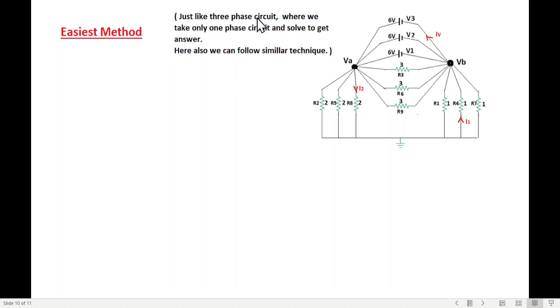Just like in a 3-phase circuit, where we take only one phase circuit and solve to get the answer, here also we will follow the same technique. So we'll just take one set of values. We are taking one battery, one of this resistance, and one of this resistance, and with this we can easily find all the 3 currents.